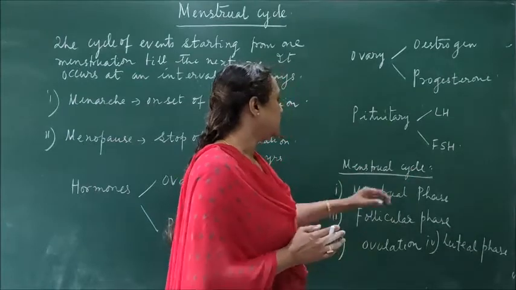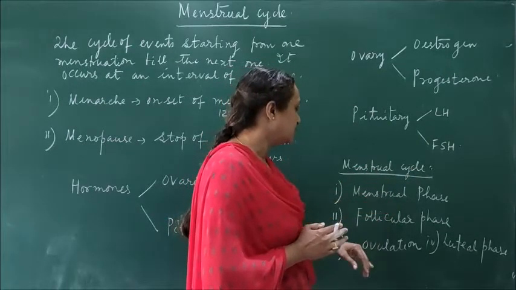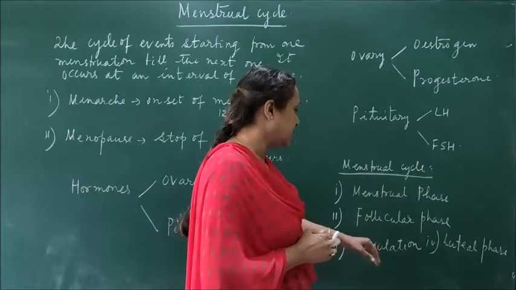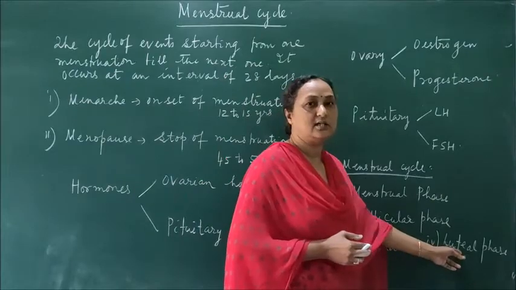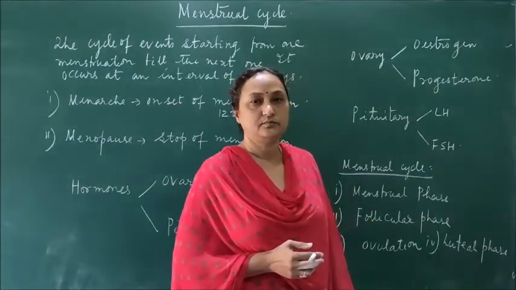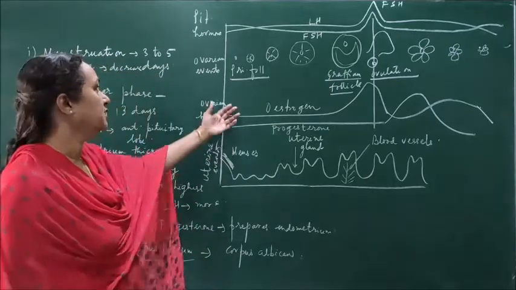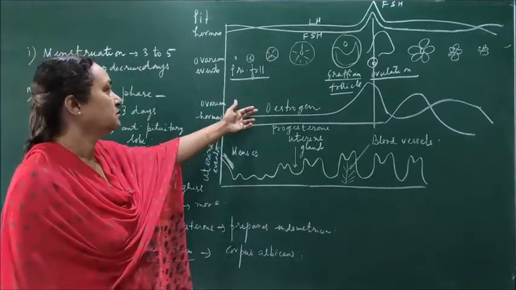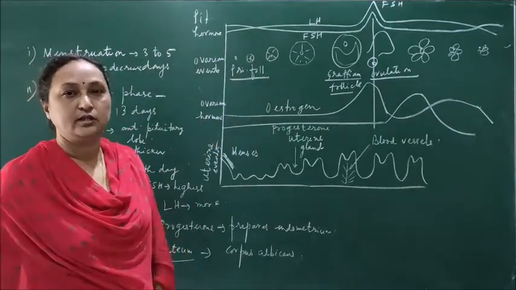Now this cycle is divided into four stages. First is the menstrual phase, second the follicular phase, third the ovulation phase, and fourth the luteal phase. The menstrual cycle occurs under the influence of hormones: estrogen, progesterone, luteinizing hormone, and follicle stimulating hormone.